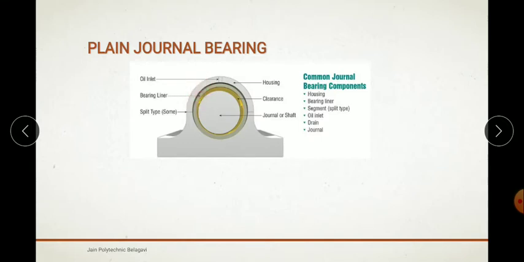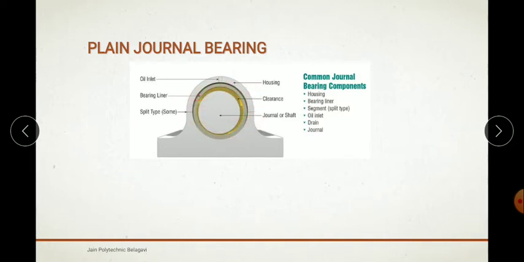What happens here is that when the oil moves from the inlet, it passes to the bearing. Then there is the clearance between the shaft and the bearing liner. So this is the shaft, and this is the bearing liner. Here you can see the thin film of oil that is used for lubrication.